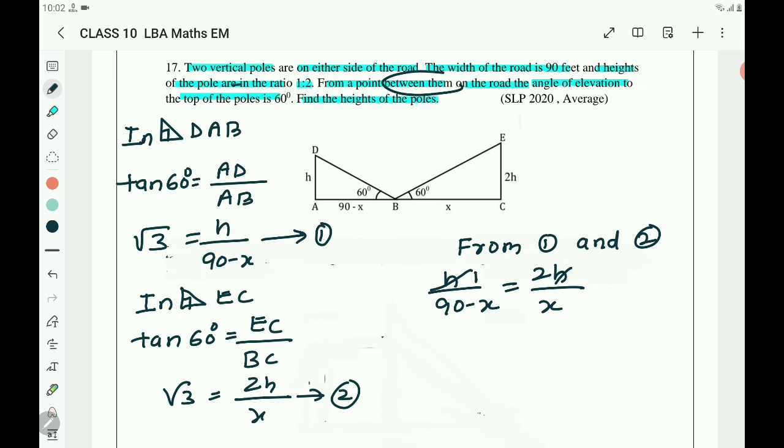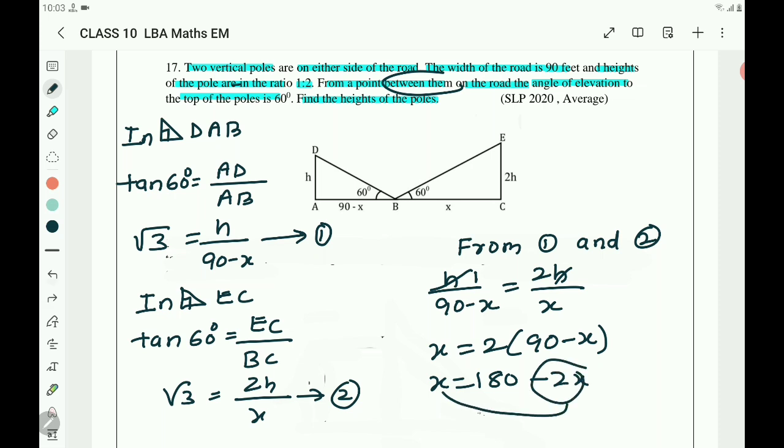What is remaining here? 1 into x and 2 into 90 minus x. x equals 2 into 90 minus x. x equals 180 minus 2x. Transfer this minus 2x to the LHS.